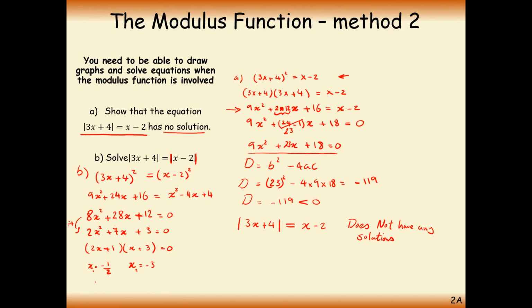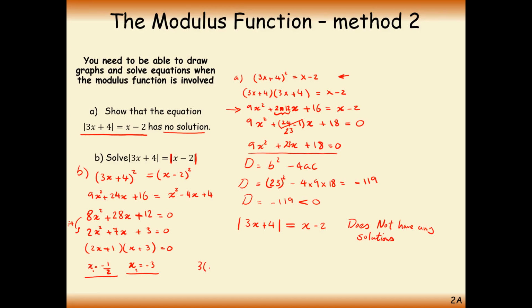And of course you can find the y values in your own time. So this shows that the intersection of these two graphs has two intersection points. To find the y value, obviously our y values have to be positive.